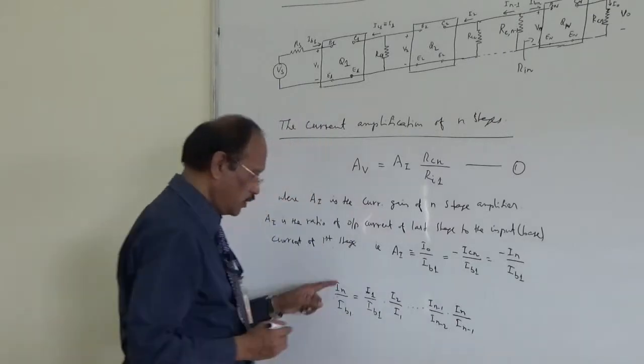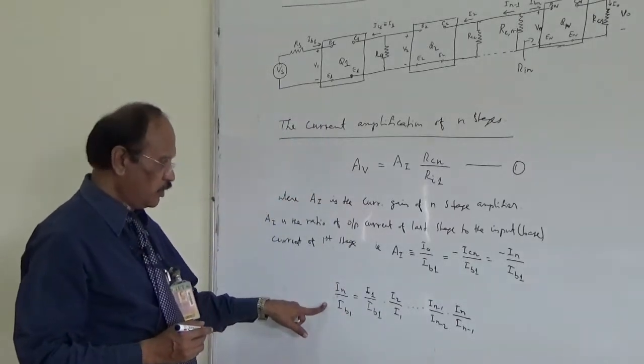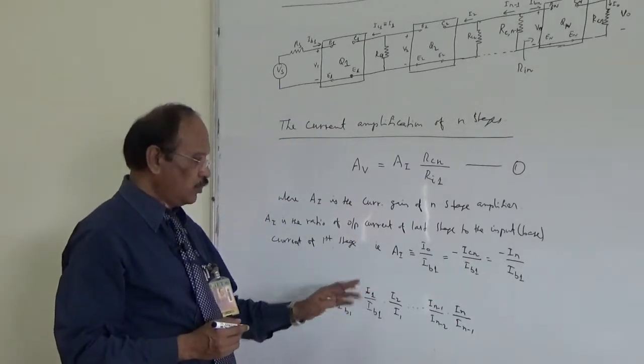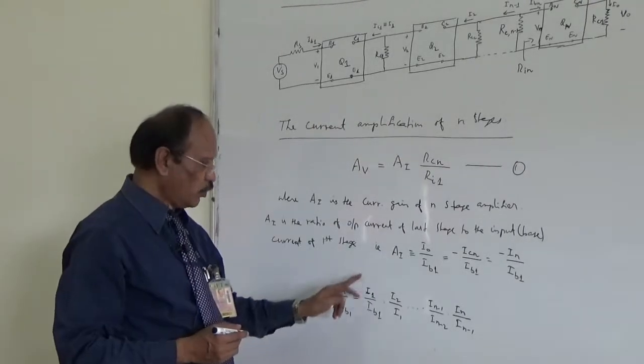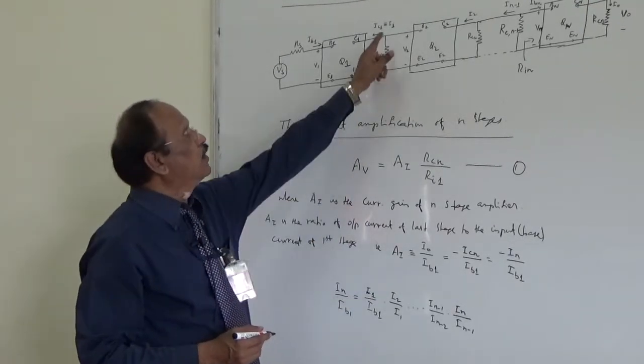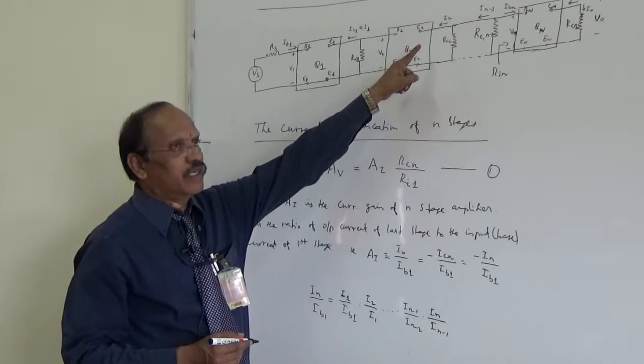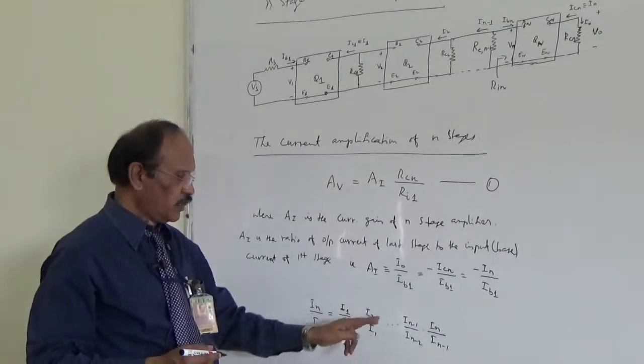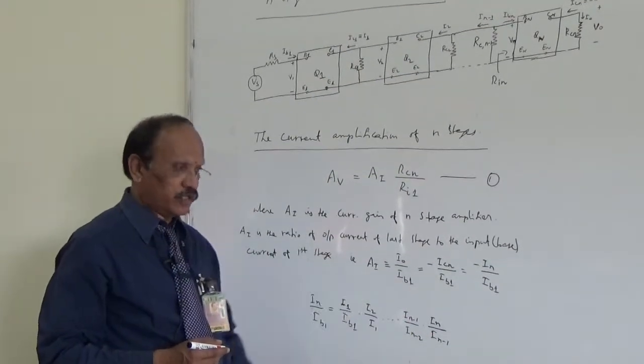So, we can write this expression IN by IB1 for individual stages: I1 by IB1 into, then for the next stage I2 will be the output current, I2 by I1, I3 by I2, like this we can proceed.